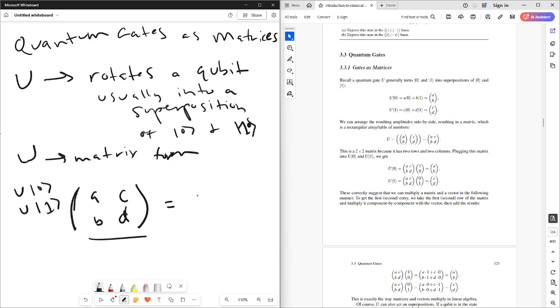So let's say now we're applying this to state 0. Well, we know 0 is (1, 0) in this form.